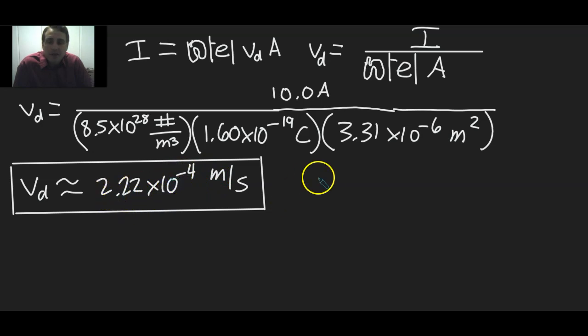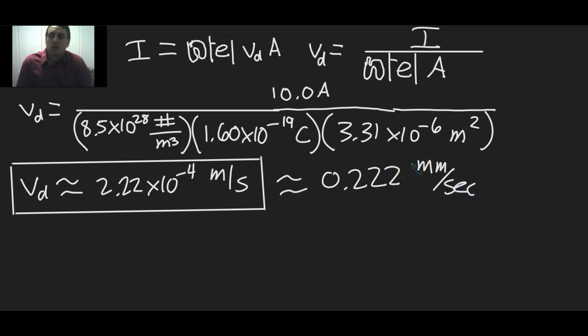So then 10 to the minus 4, this would be approximately 0.222 millimeters per second. So imagine this. Every 10 seconds, an electron only moves about 2 millimeters.